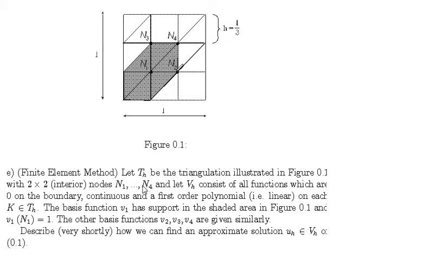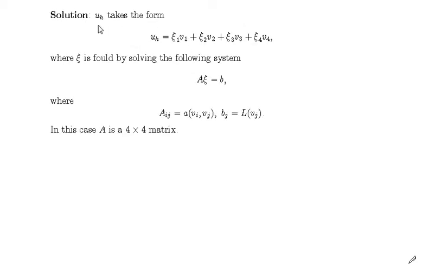The basis functions are exactly as in the lecture, and we are going to describe how we can find an approximate solution UH in this finite element space, which is an approximate solution of the weak formulation. And this is done exactly as for the problem we have discussed in the lectures.